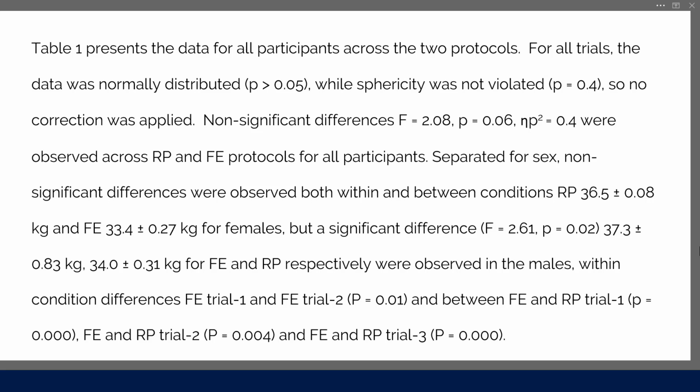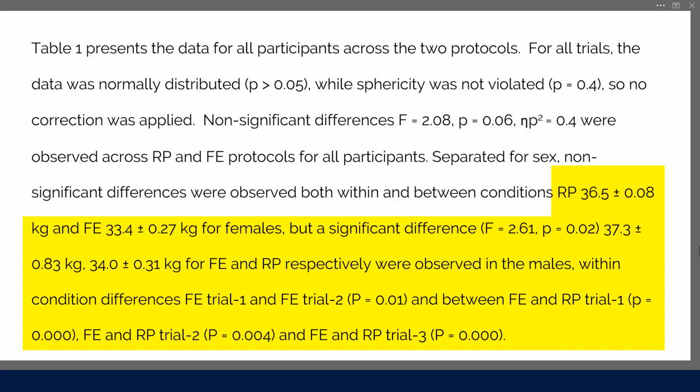So now, notice the way the results have been switched. Rather than just rewriting it in the same way, it's been switched slightly. RP, 36.5 plus or minus 0.08 kilograms, and FE 33.4 plus or minus 0.27 kilograms for females, but a significant difference, F equals 2.61, P equals 0.02, so it's less than 0.05, 37.3 plus or minus 0.83 kilograms, 34.0 plus or minus 0.3 kilograms for FE and RP respectively were observed in the males.